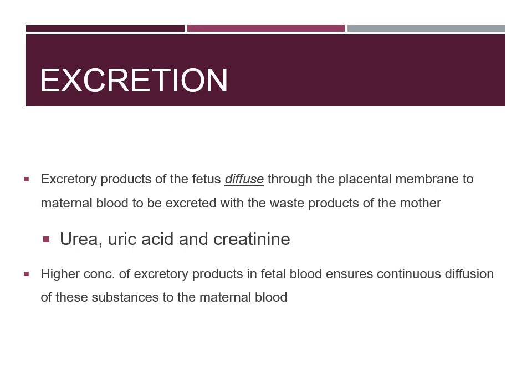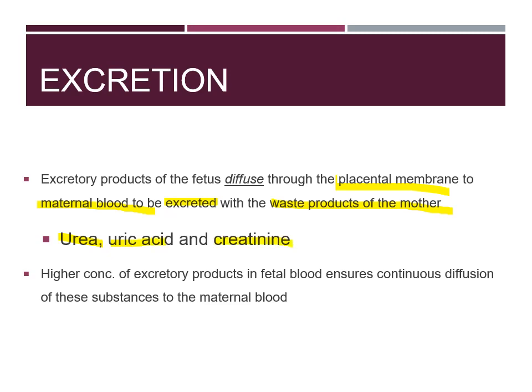The excretory products of the fetus will diffuse through the placental membrane into the maternal blood in order to be excreted with the waste products of the mother, of course, via the renal system, such as urea, uric acid, and creatinine.